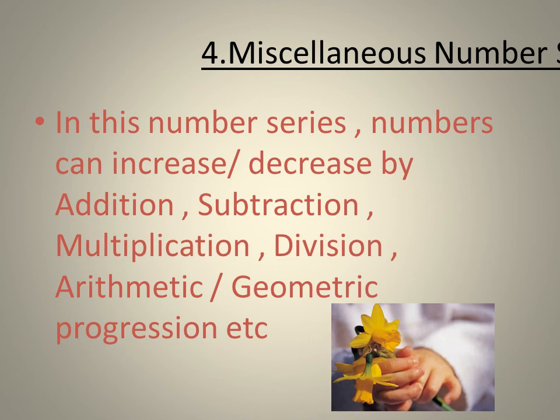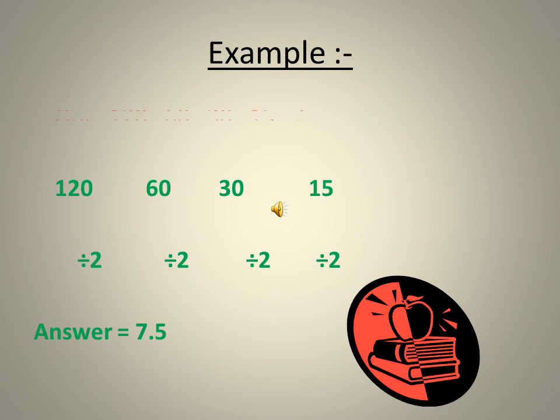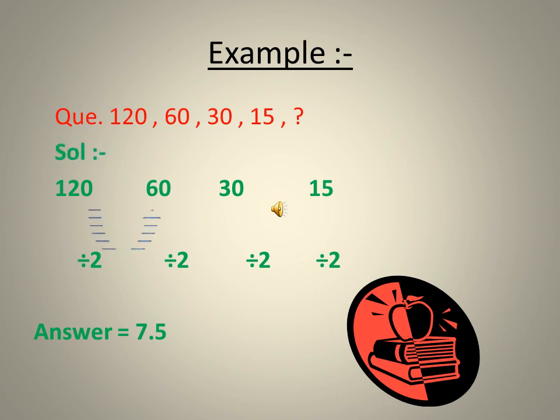Now see the example: how can we reach 120 to 60, 60 to 30? Solution: we divide by 2, 120 divided by 2 gives 60, 60 divided by 2 gives 30, 30 divided by 2 gives 15, and 15 divided by 2 gives 7.5.